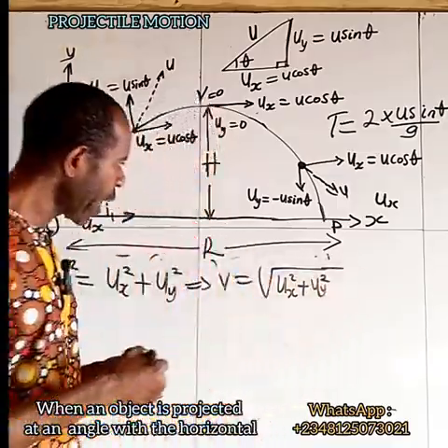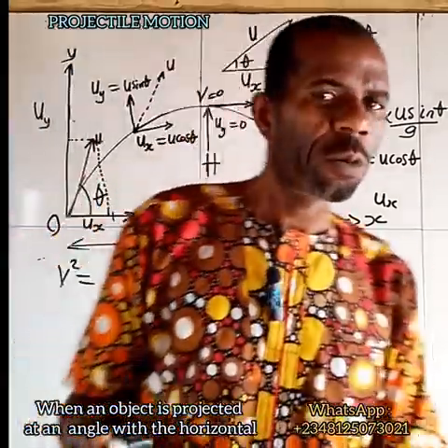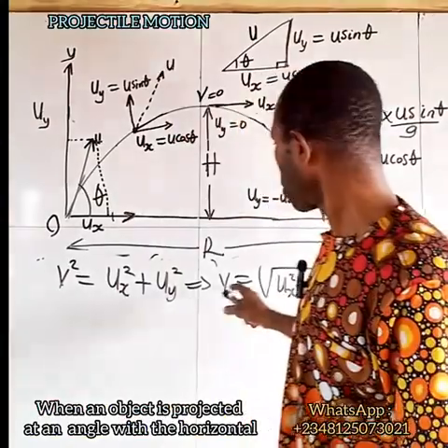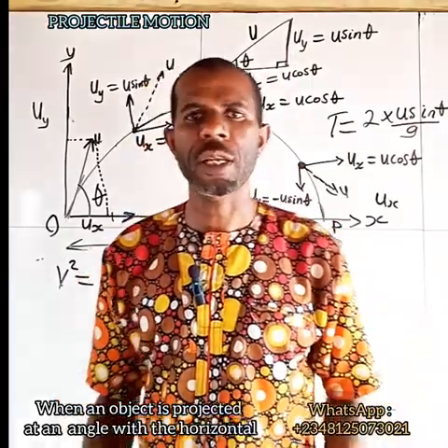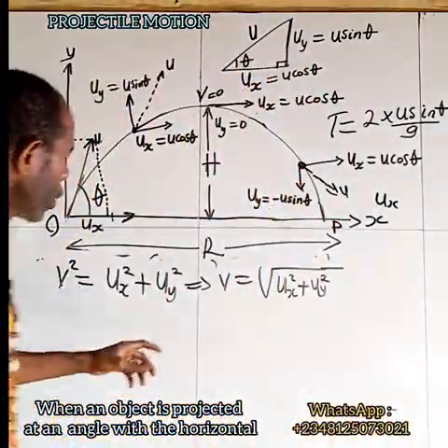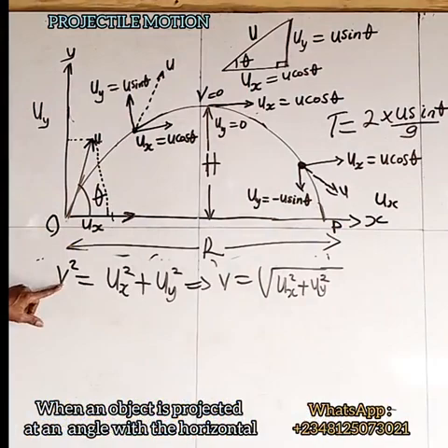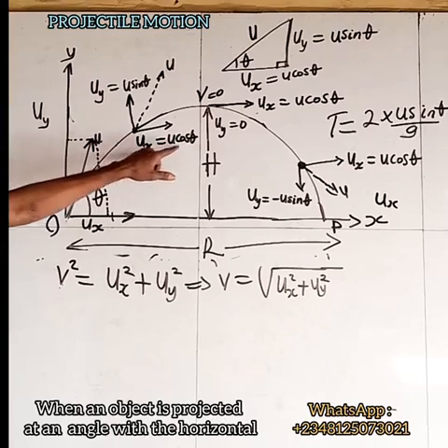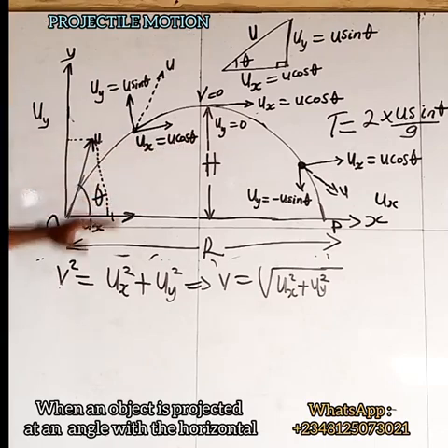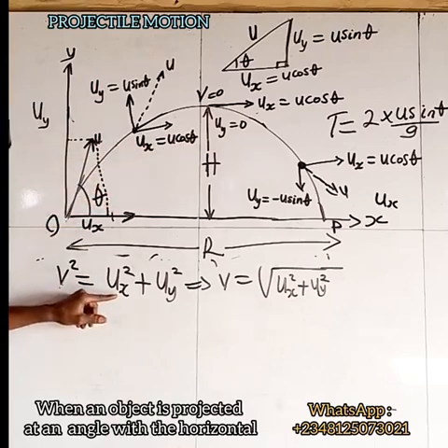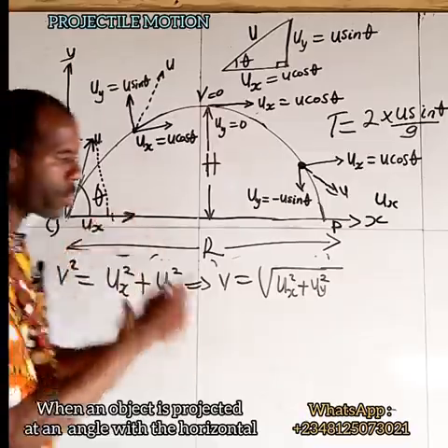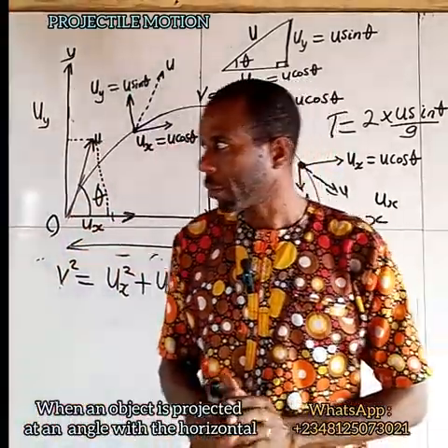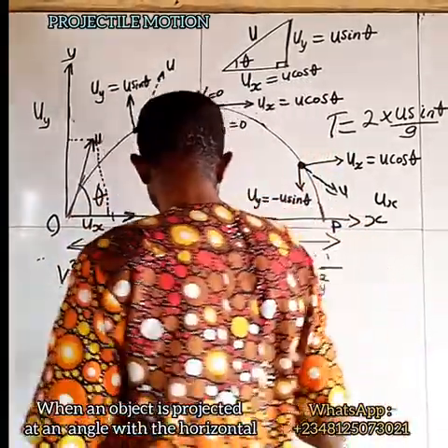Now the question you are going to ask yourself is, where do I get my ux squared and uy squared? It's very easy. Since we are considering a vertical motion, your ux is u cos theta, which is only for horizontal motion. So this ux squared is the horizontal motion. Then uy squared is always 0.